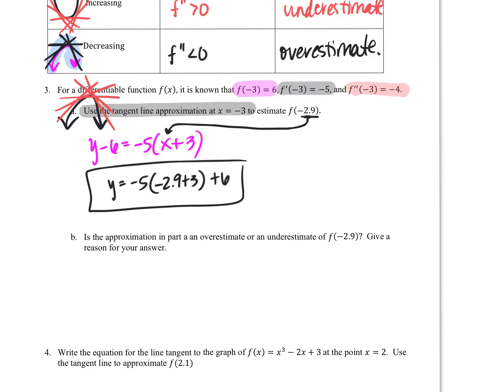An overestimate. So we're going to say the approximation is an overestimate at x is negative 2.9 because f double prime at negative 3 is negative. And I got that from right here.